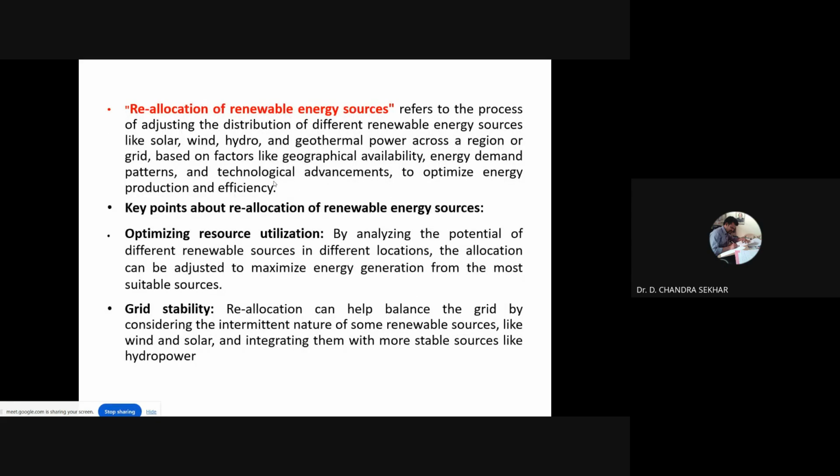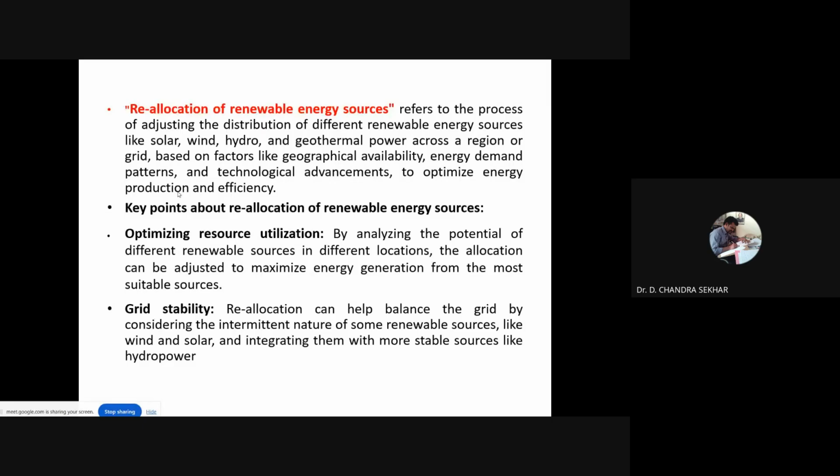Reallocation of renewable energy sources refers to the process of adjusting the distribution of different renewable energy sources, solar, wind, hydro, and geothermal power, across a region or grid based on factors like geographical availability, energy demand patterns, and technological advancements to optimize energy production and efficiency.